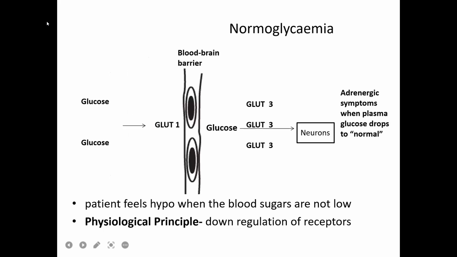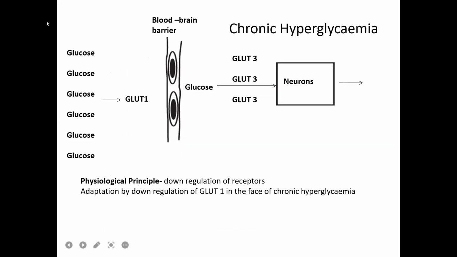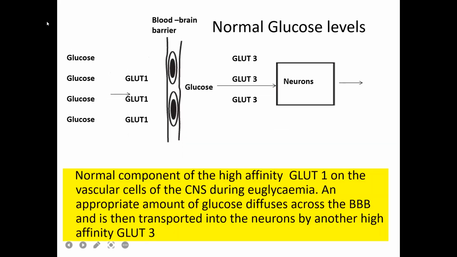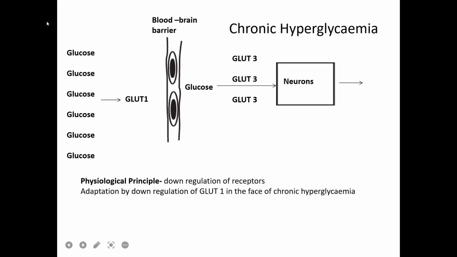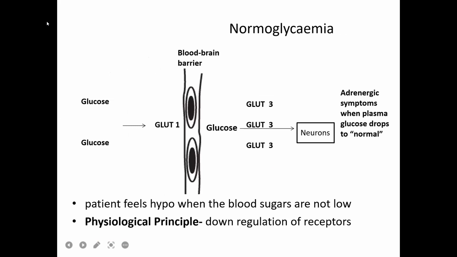What happens when the blood sugar comes down to the normal level from these chronic hyperglycemia levels? GLUT1 is down regulated. So if GLUT1 is down regulated, patients will feel hypoglycemia even if the blood sugar is normal, because GLUT1 is down regulated.